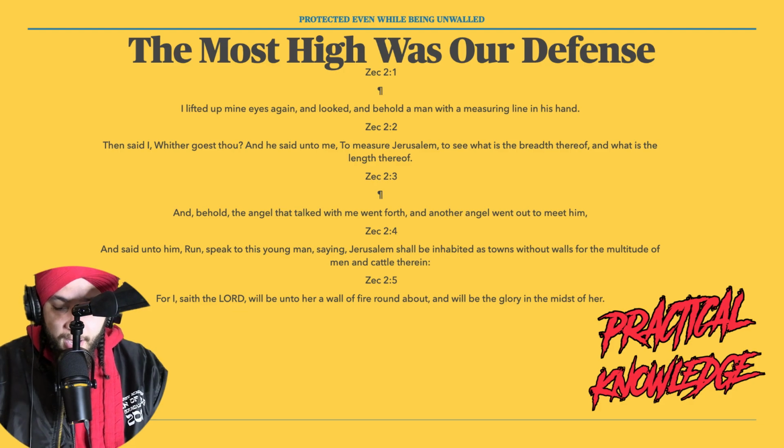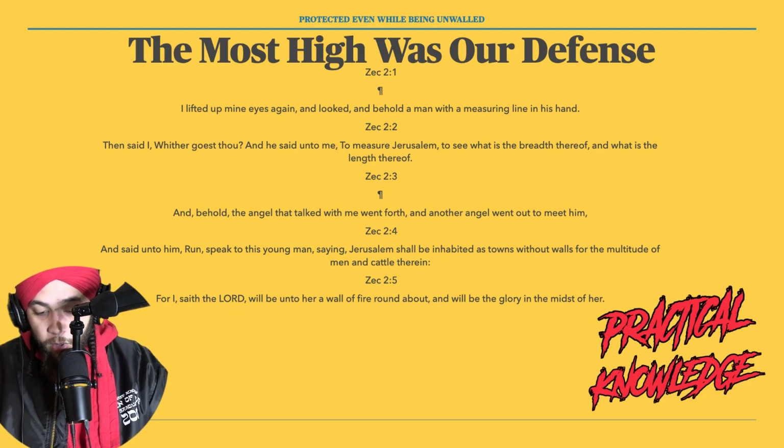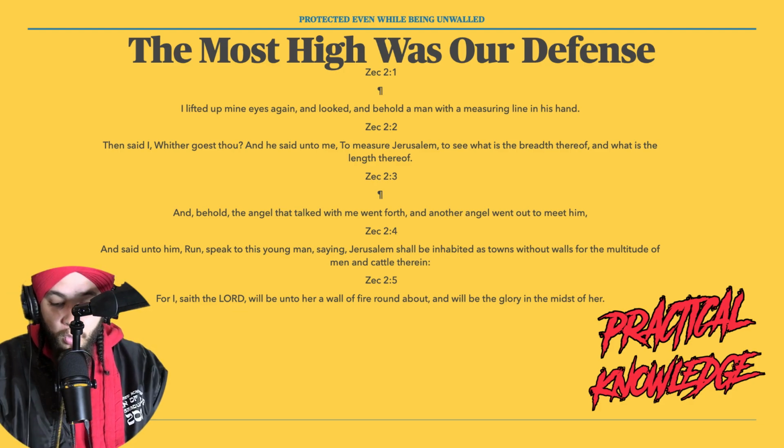So during this time, even though we didn't have physical walls, the Lord was with us. The Lord said, I will be as a wall of fire round about. Meaning, no matter what, build that temple, build it.